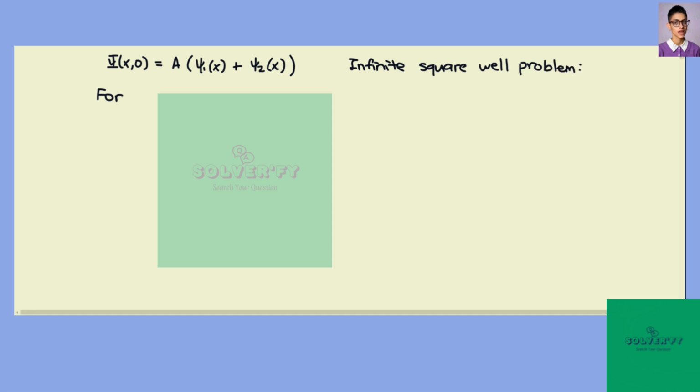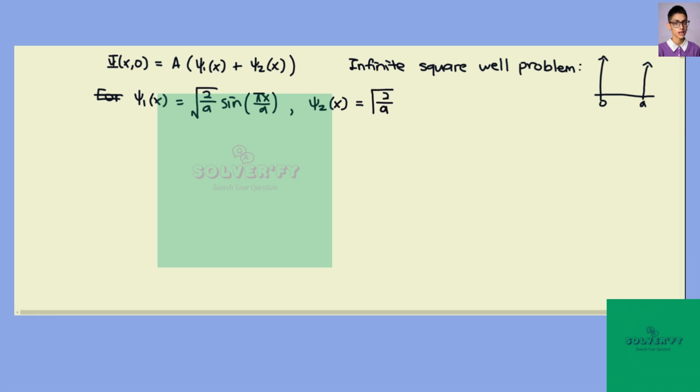Okay, so the diagram looks like this: the well goes from 0 to a, and outside the potential is infinity. The wave function psi 1(x) is root 2 over a sine of pi x over a, and psi 2(x) is root 2 over a sine of 2 pi x over a.